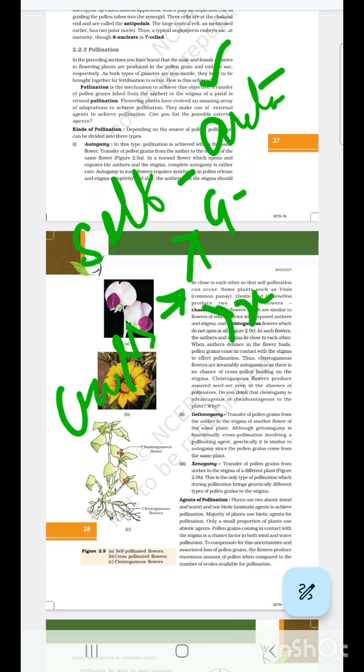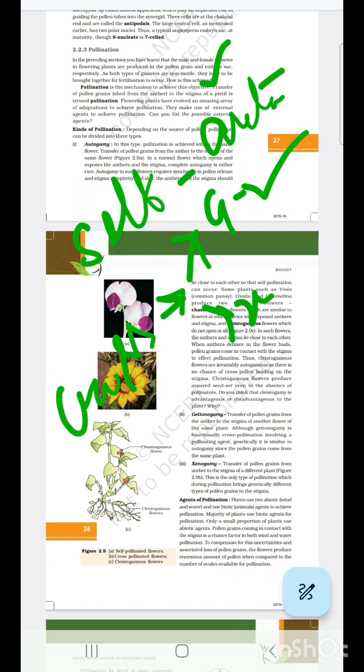Autogamy means the transfer of pollen grains from the anther to the stigma of the same flower borne on the same plant. But geitonogamy, the first category of cross pollination, is transfer of pollen grains from the anther to the stigma of another flower borne on the same plant.